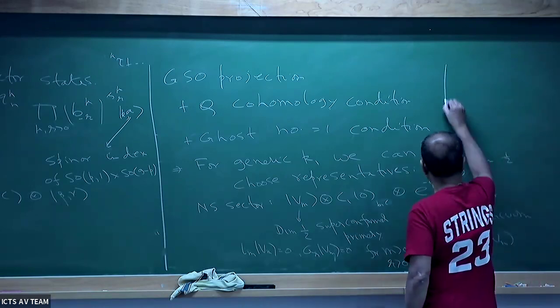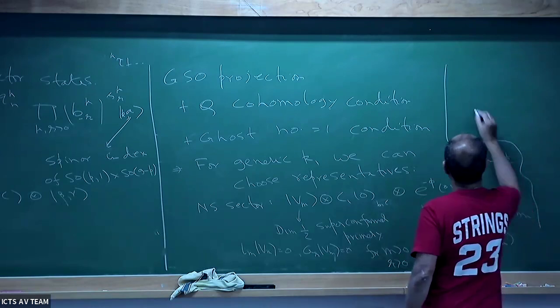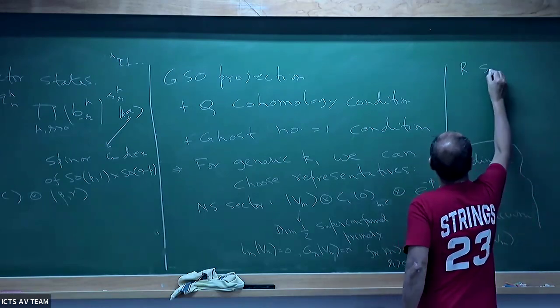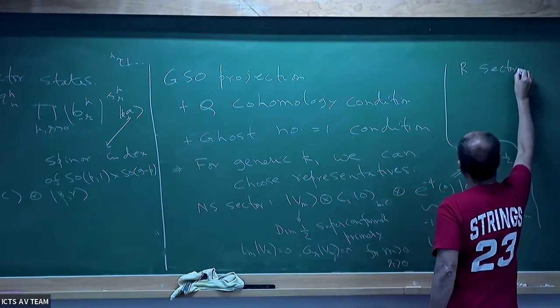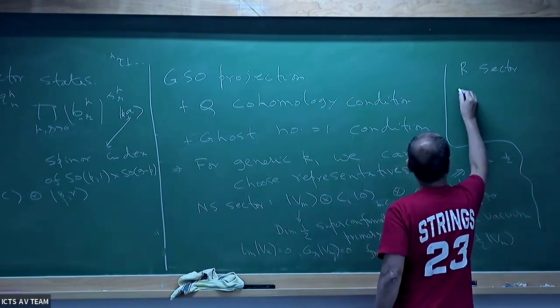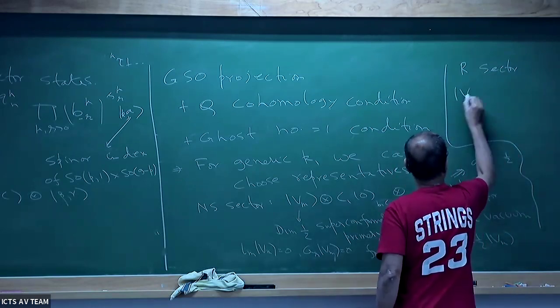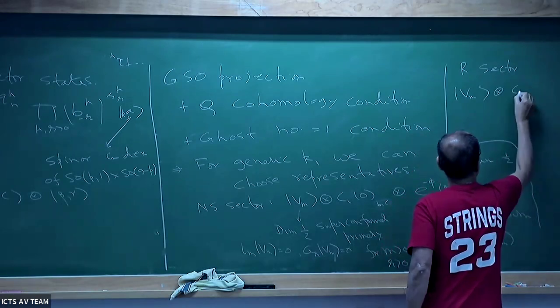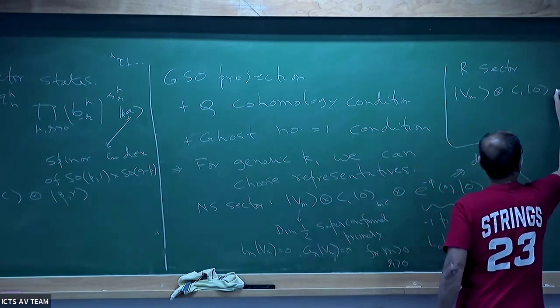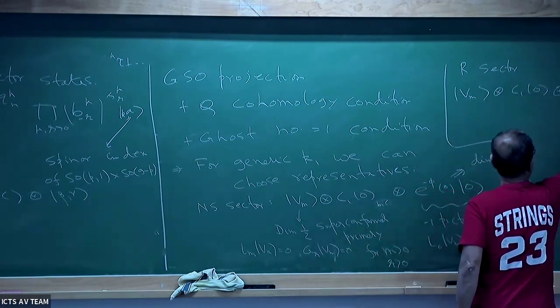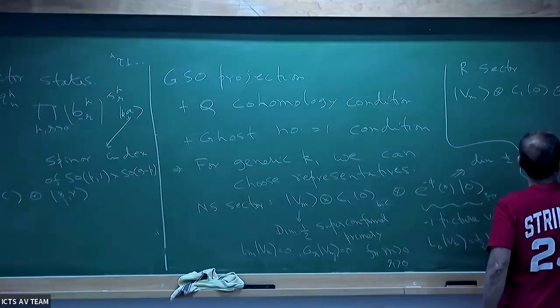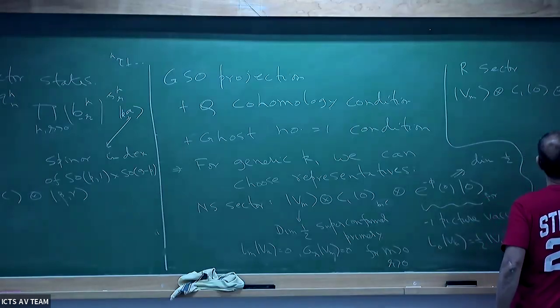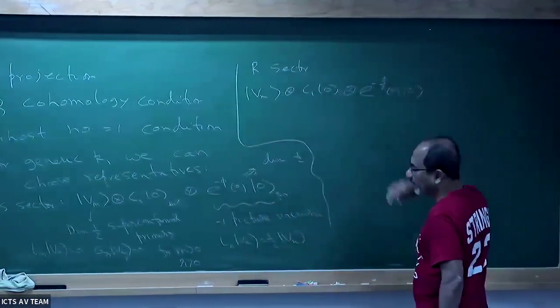And similarly in the R sector, we choose this to be V_m times c_1 on 0 times e to the minus phi by 2, in picture number minus half or minus 3 half.